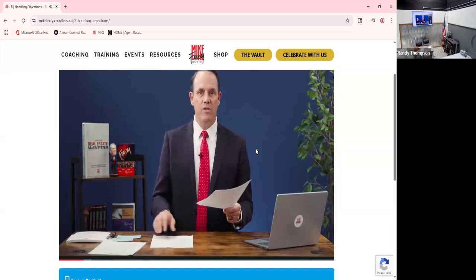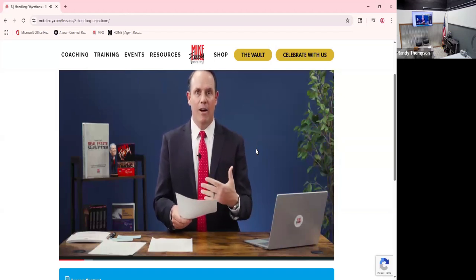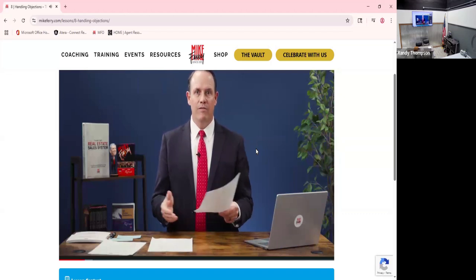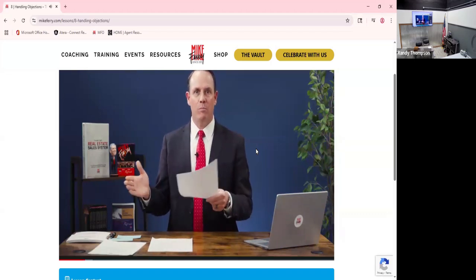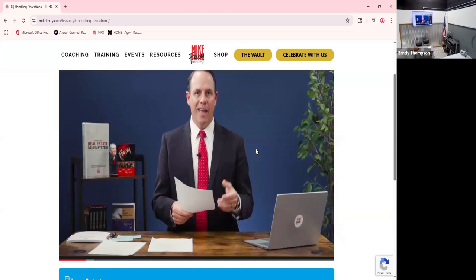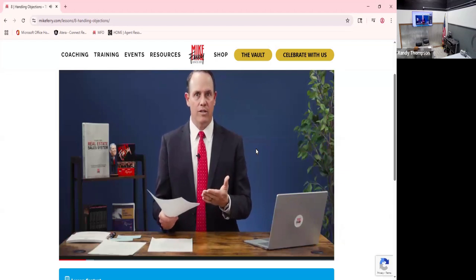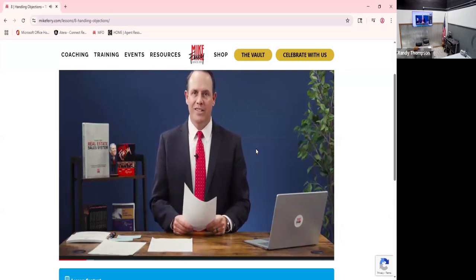We're in another major section today. We're talking about the 8th major brick in the foundation, which is called handling objections, right? If you notice, there's 10 major bricks in this foundation you're standing on, okay? And this is the 8th major brick, and it's titled handling objections. Handling objections.